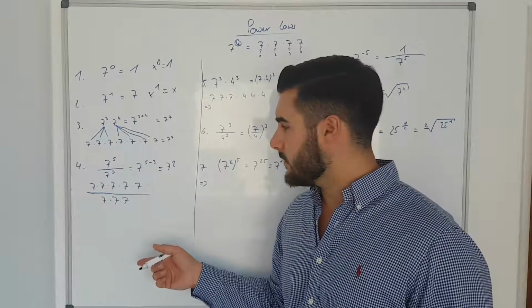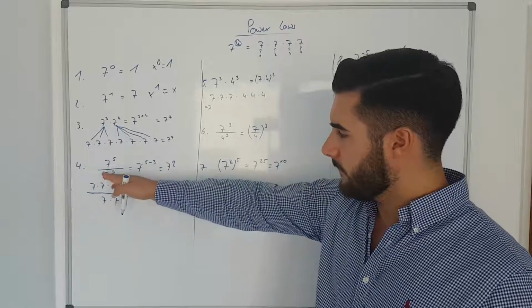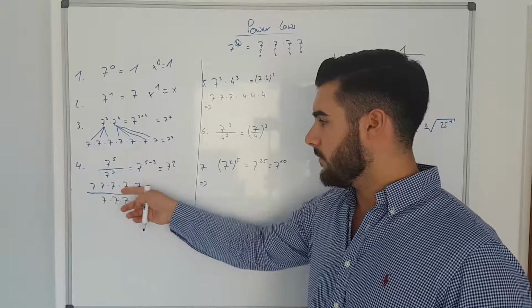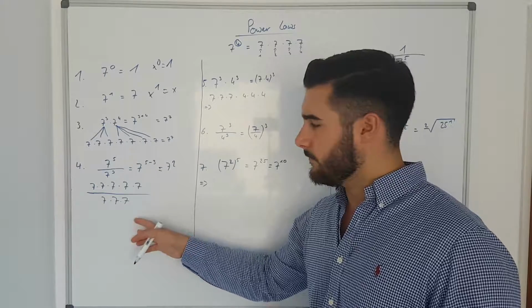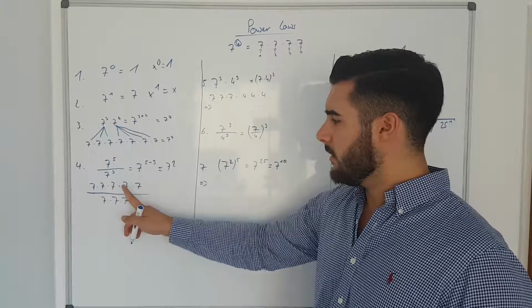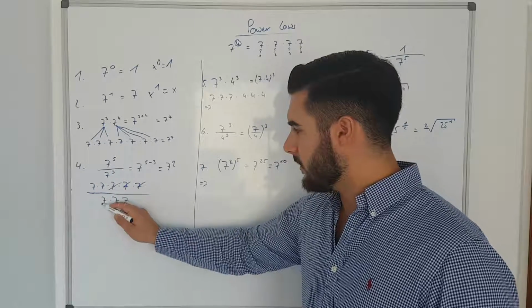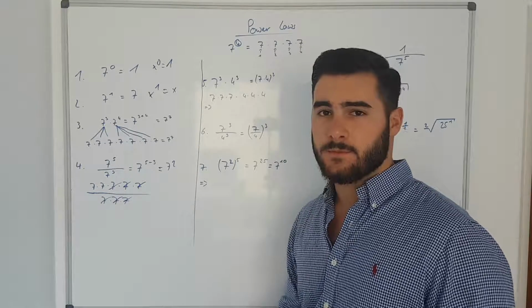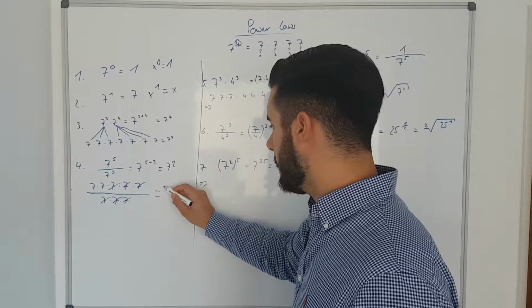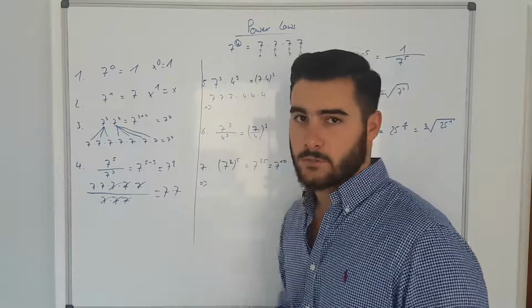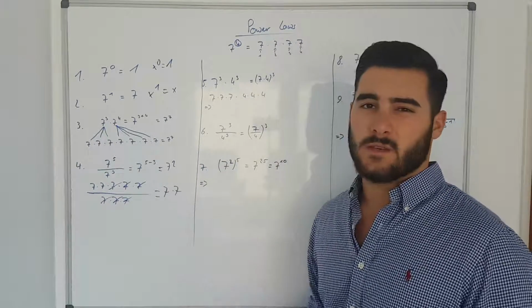The explanation is that if you again split it up and write the whole multiplication down, you see that in this fraction you could cancel these 7s out and reduce the fraction, and you would end up with 7 times 7, which is again nothing else than 7 squared.